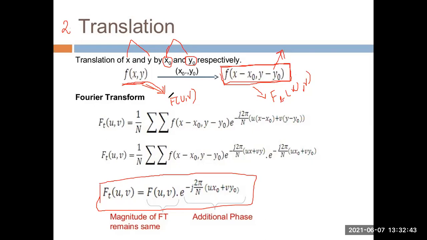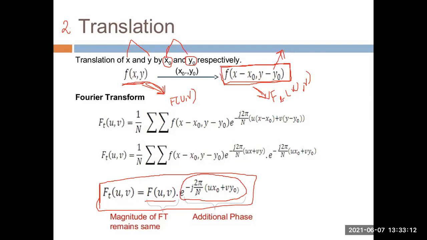Capital F of u, v gives the Fourier transformation of the original signal, and capital T of u, v gives the Fourier transformation of the translated signal. The relation between these two is that the Fourier transformation of the translated image will be the Fourier transformation of the original image multiplied by e to the power of this term.